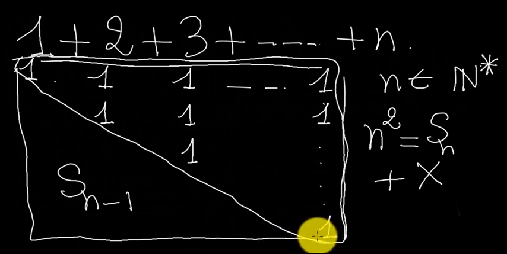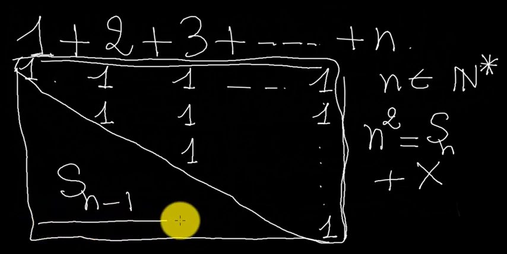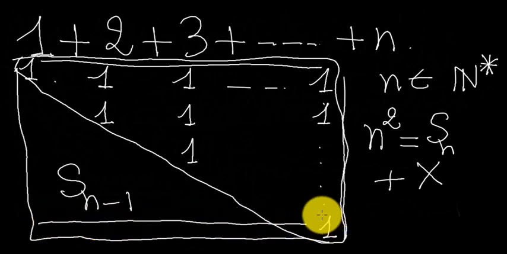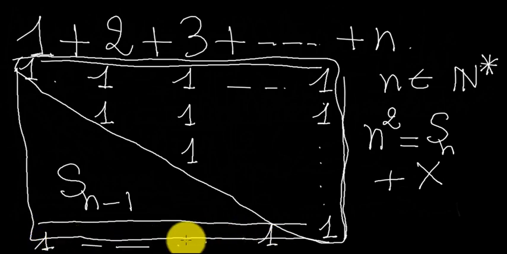Why? Because in the last line, we have in total n ones, but there is a 1 which doesn't belong to the opposite triangle, and so we are left with n minus 1 ones.